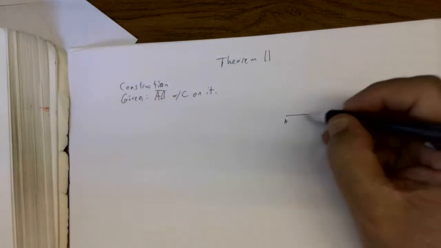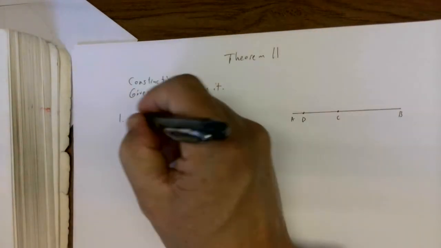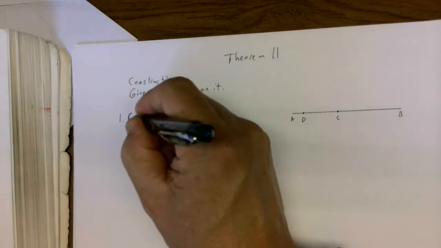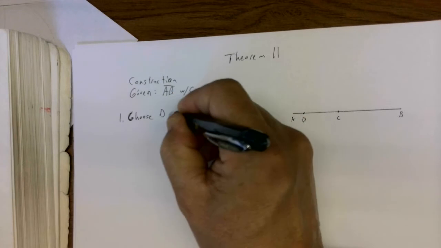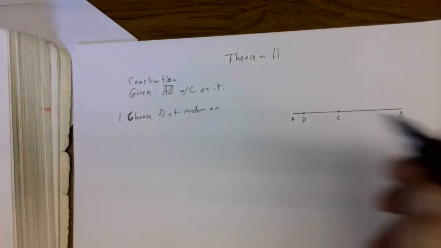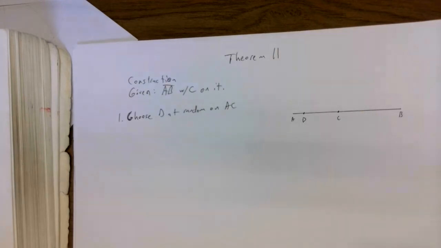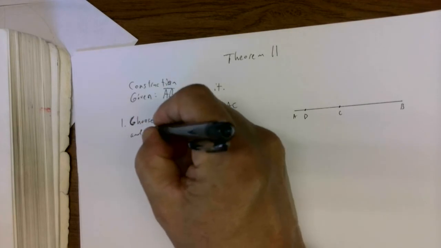Okay? Instead, I'm going to pick a point D on AC. That's my first step. Choose D at random on AC. That should feel familiar to you. You've done this kind of thing before. And what are we going to do?